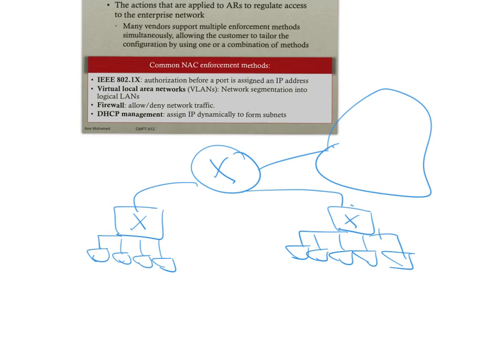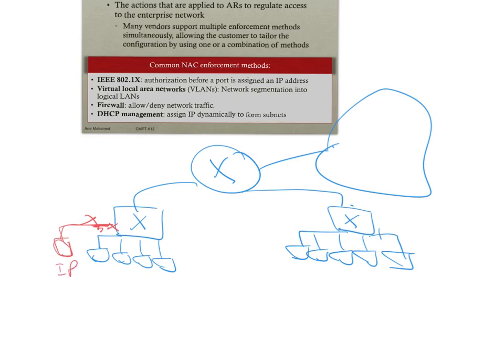Okay? So now, if we have a device that comes in and tries to connect to one of these physical ports, we have to first authenticate that port. So this port is like a relay, okay? It's called a controlled port. Once it's authenticated, now it's an active port. So it becomes active. In that case, this device gets an IP.